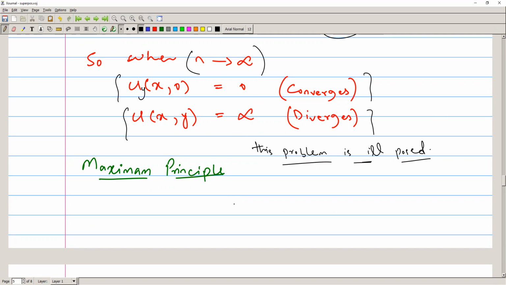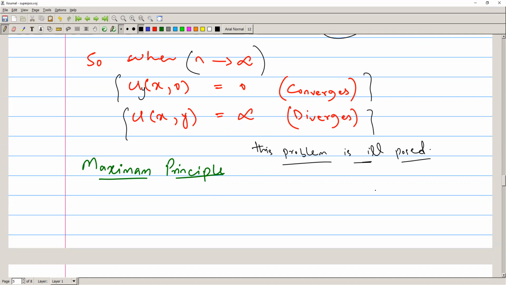So now we are going to discuss the maximum principle for partial differential equations. The idea is very clear: the maximum principle states that for a homogeneous heat equation or a partial differential equation, the maximum and minimum can only occur on the boundaries.